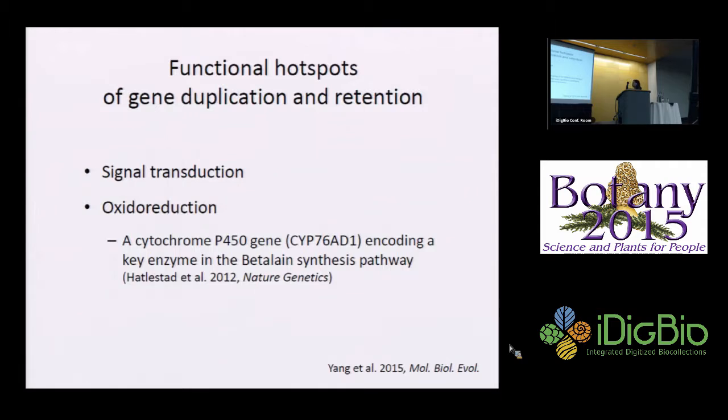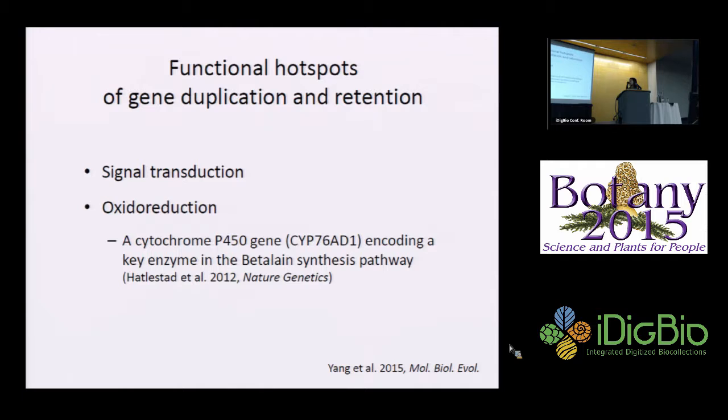We also look at functional hotspots of gene duplication and retention. We found 2 functional categories that pop out, including signal transduction, including disease resistance and pollen recognition genes. We also found a lot of genes that deal with oxidative stress.